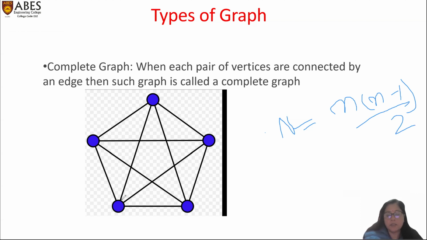So for a complete graph, if there are n vertices, then the number of edges in that graph is n(n-1)/2.